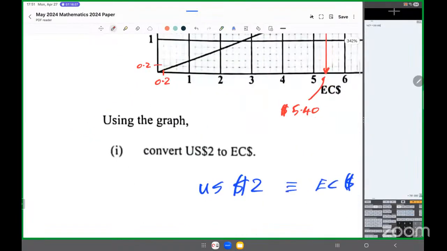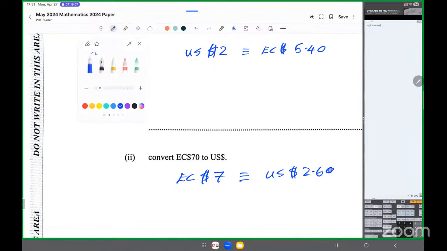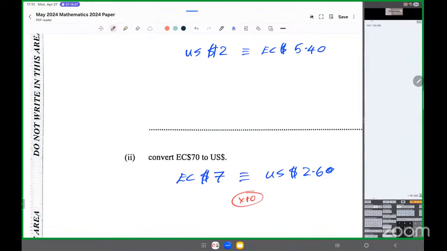So you can go down here now. Okay, based on that, EC $7 is equivalent to US $2.60. Multiply this by 10. That's like a ratio, the linear relationship.